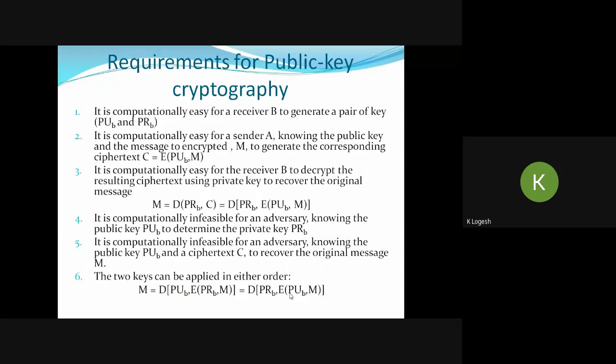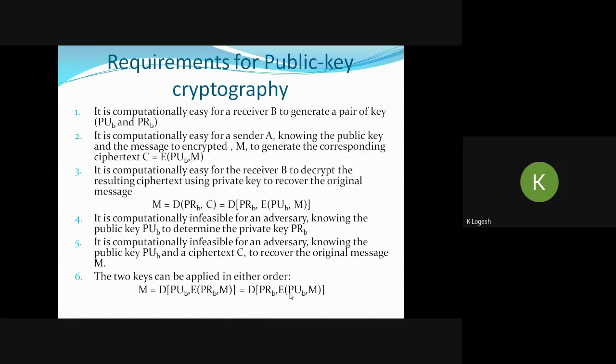Second, it is computationally easy for a sender A, knowing the public key, the receiver's public key, and the message M to encrypt, to generate the corresponding ciphertext. The equation is C, the ciphertext, equal to E of PUB comma M, the encryption of message M with the public key.